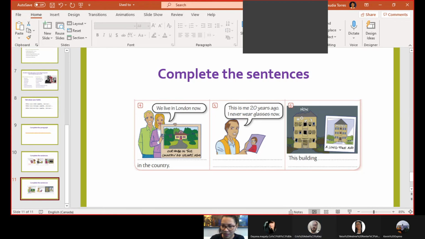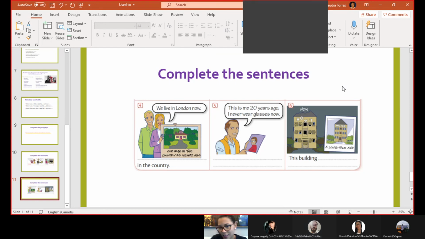It's an example, okay? Or maybe you can also say, but now he doesn't wear glasses.